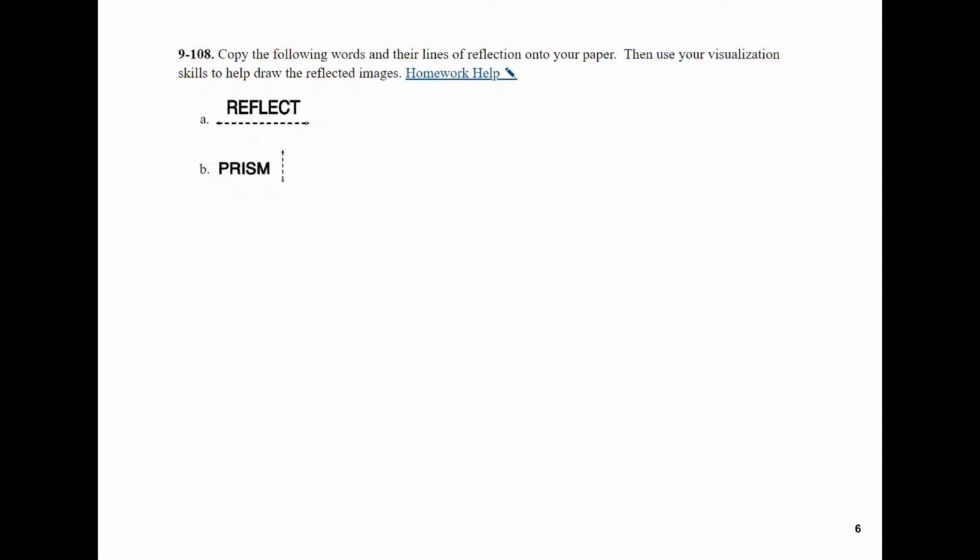9-108 says copy the following words and their lines of reflection on your paper. If I reflect, then use your visualization skills to actually reflect the image.